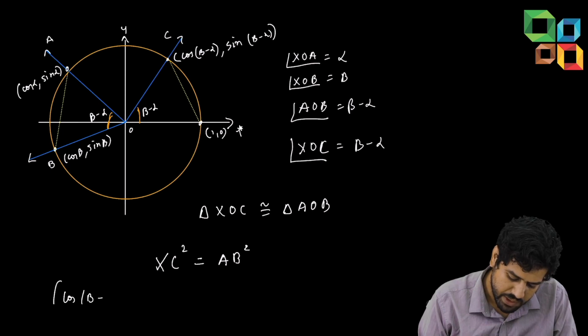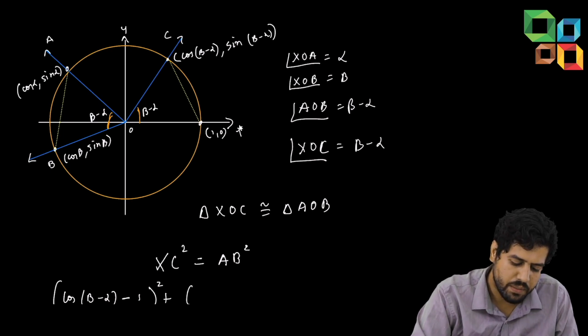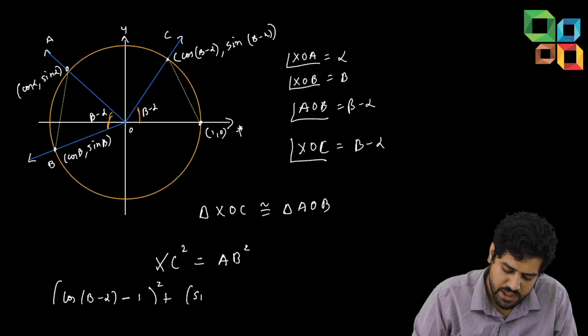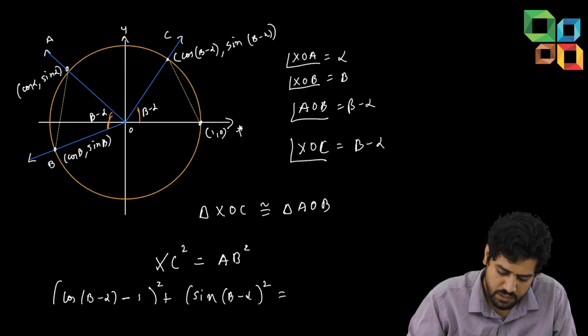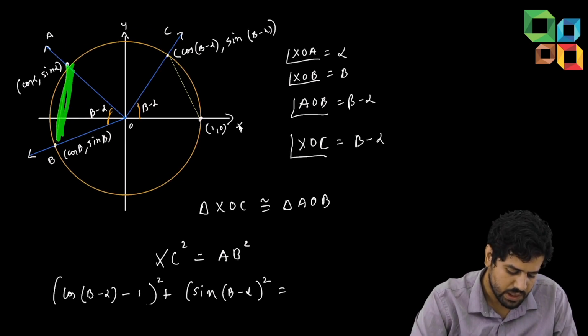Cos of beta minus alpha minus 1, plus y2 minus y1, which is sine of beta minus alpha minus 0. So sine of beta minus alpha, the whole square. This is equal to AB square. What is AB square?